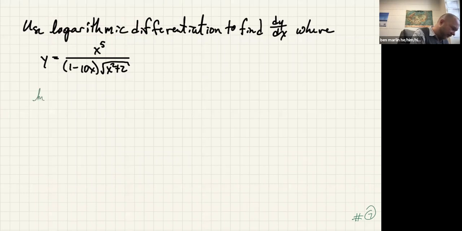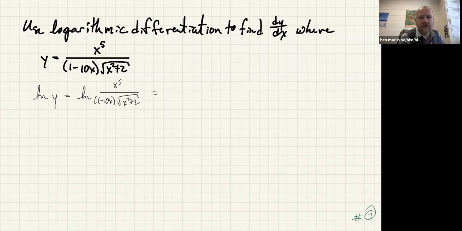So if I took the logarithm of y and then took the logarithm of all that jazz on the other side, 1 minus 10x and the square root of x squared plus 2, then we need to remember the logarithm rule from a previous page that said when you divide things, the logarithm turns into subtraction.